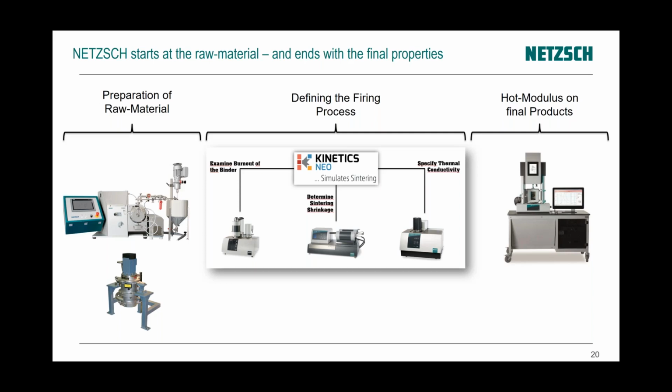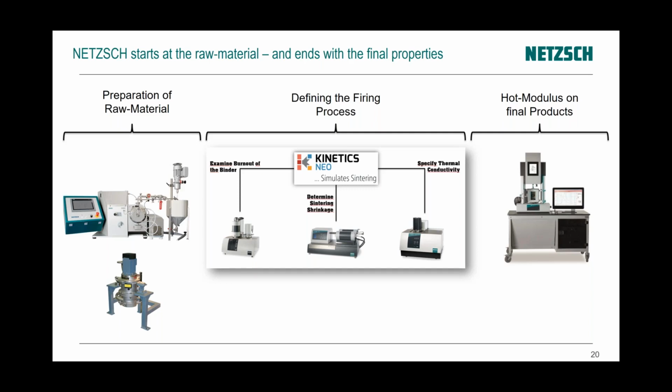When we look at the process before, the preparation of raw material, our business unit grinding and dispersing has corresponding equipment which helps you to grind, prepare and mix your raw material.